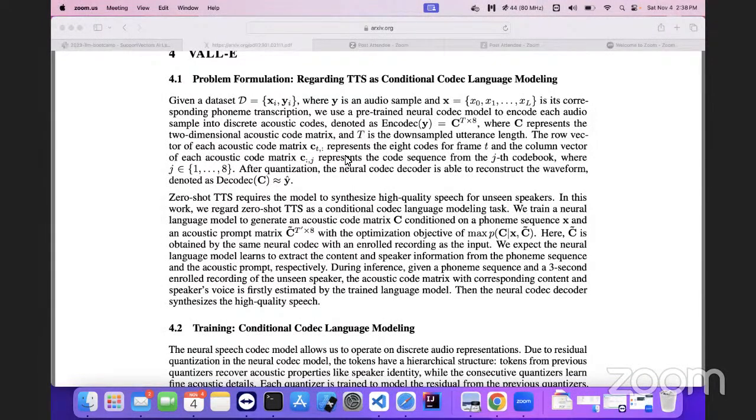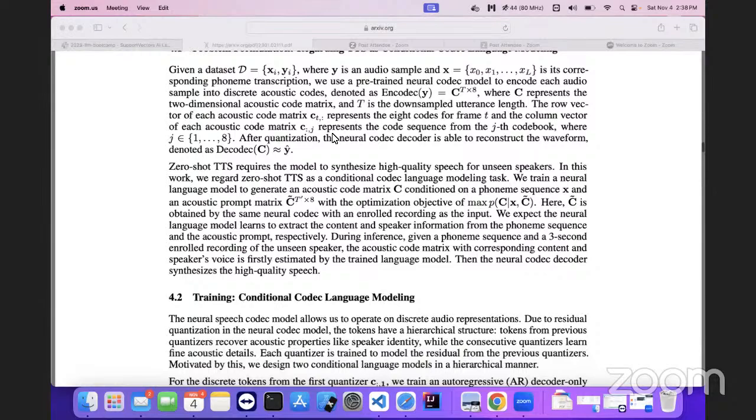They take the audio, all of that, and transcribe it, so they convert that speech to text. Now they have the corresponding text and the corresponding audio. From the text they can convert to phonemes. So you now have phonemes and corresponding audio, those pairs. So X and Y, this is your training data.